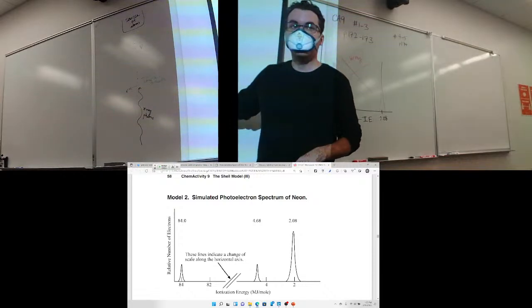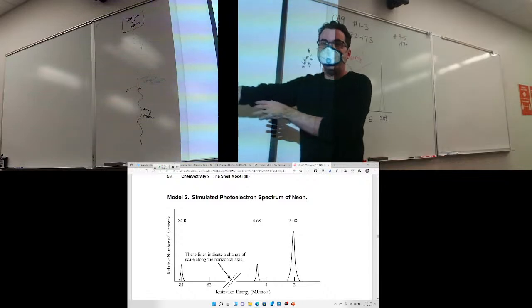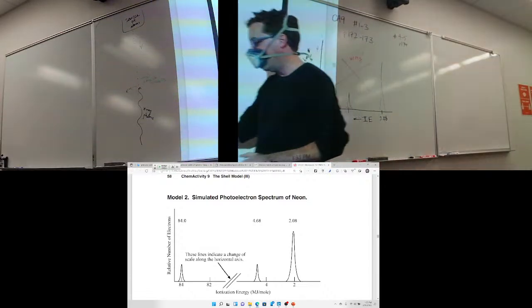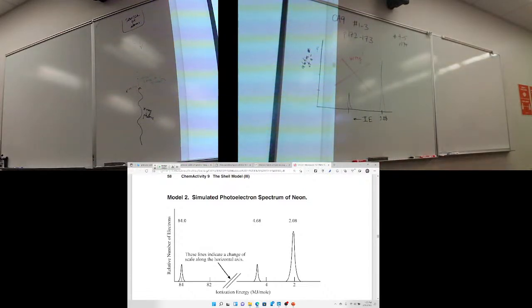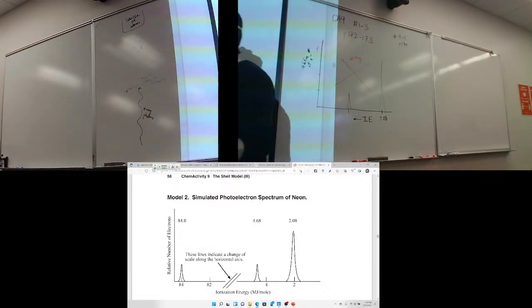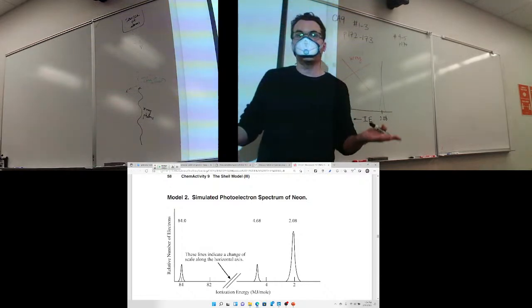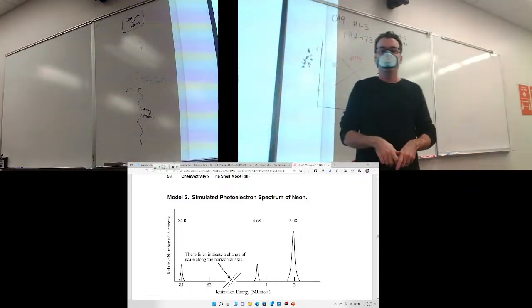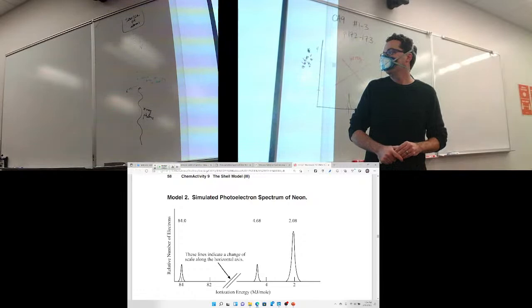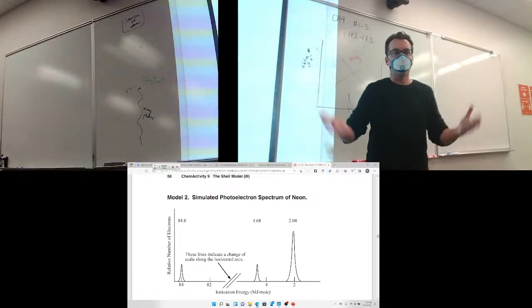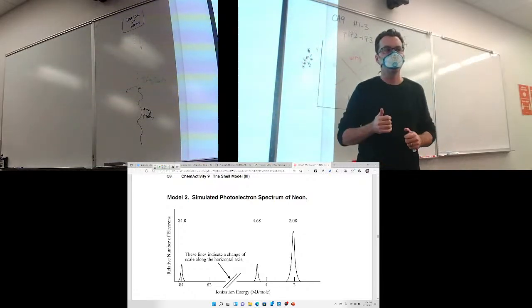These electrons are in the 2p subshell. Using information from this, we can glean that the 1s can hold 2 electrons, the 2s subshell can hold 2 electrons, the 2p subshell can hold 6 electrons. So this new model I'm introducing fits this data very well.